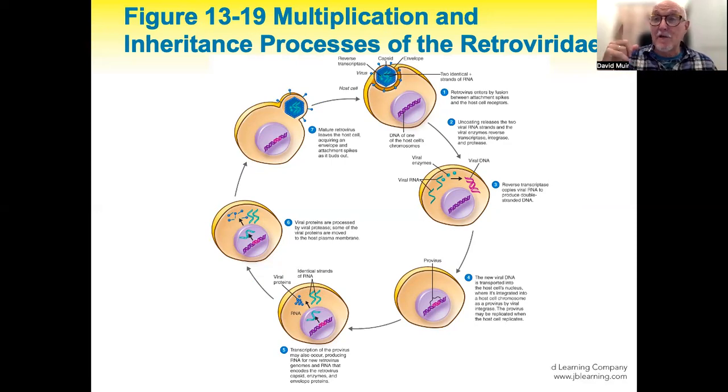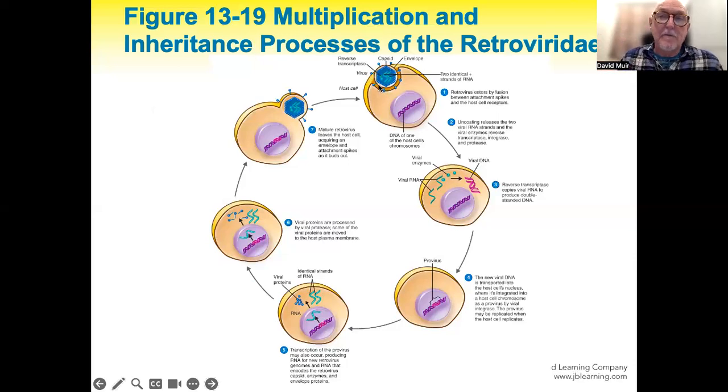So they need to turn their RNA code into a DNA code, which is the reverse of our central dogma. Central dogma says DNA is transcribed to RNA. And this is the reverse. The RNA is going to be transcribed to DNA, and so we refer to that as reverse transcription.